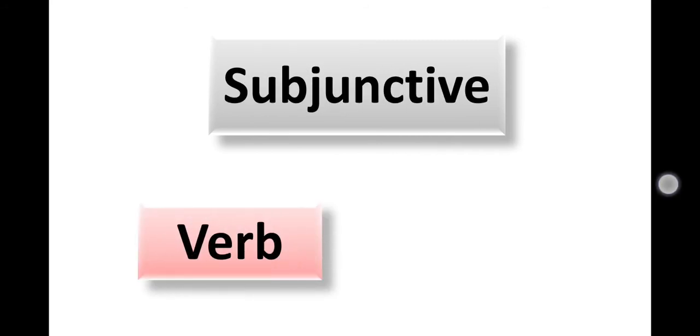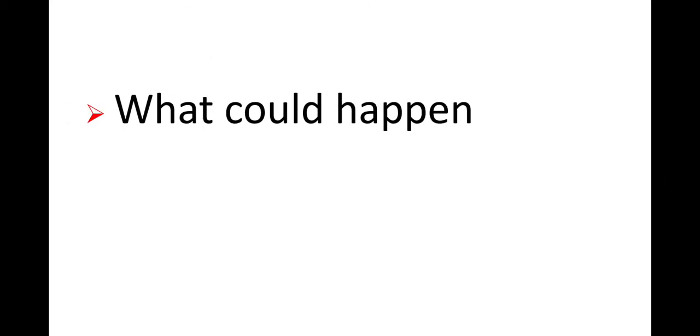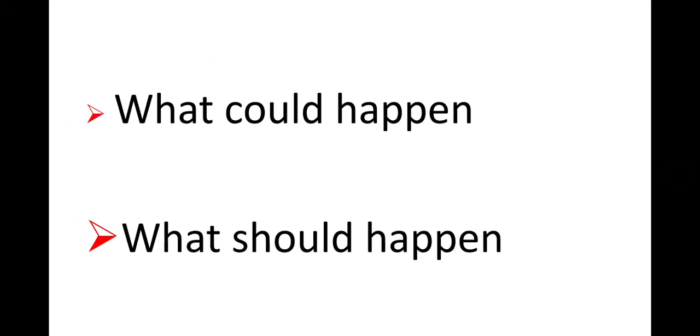Subjunctive is a verb or a mood which is used to express what could happen or what should happen. So it is used to express wishes and hypothetical situations. It is used to express what could happen. It is used to express what should happen.